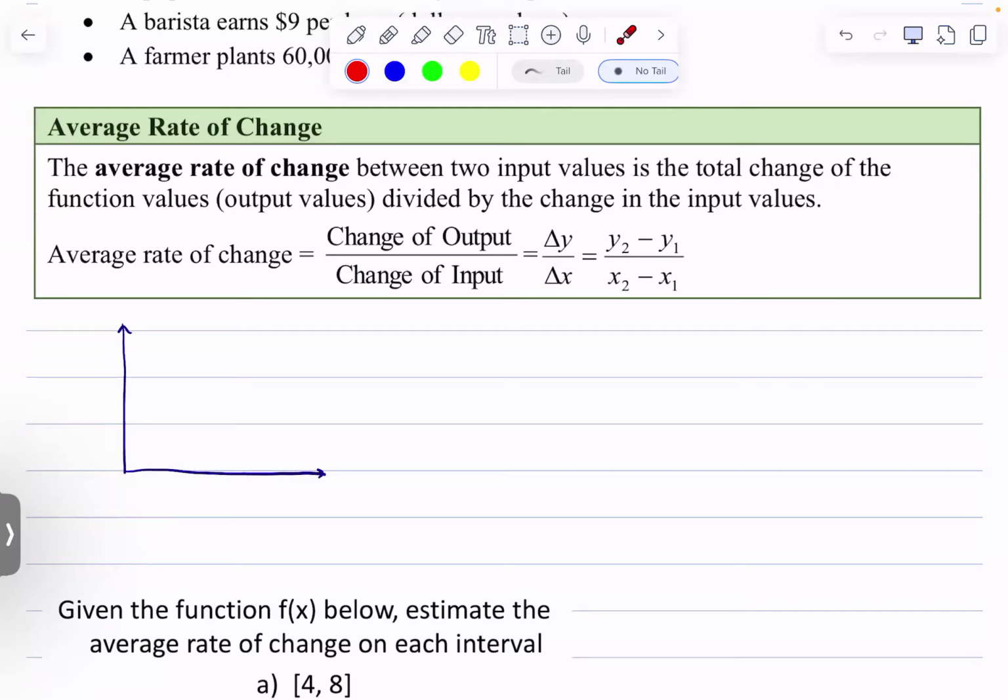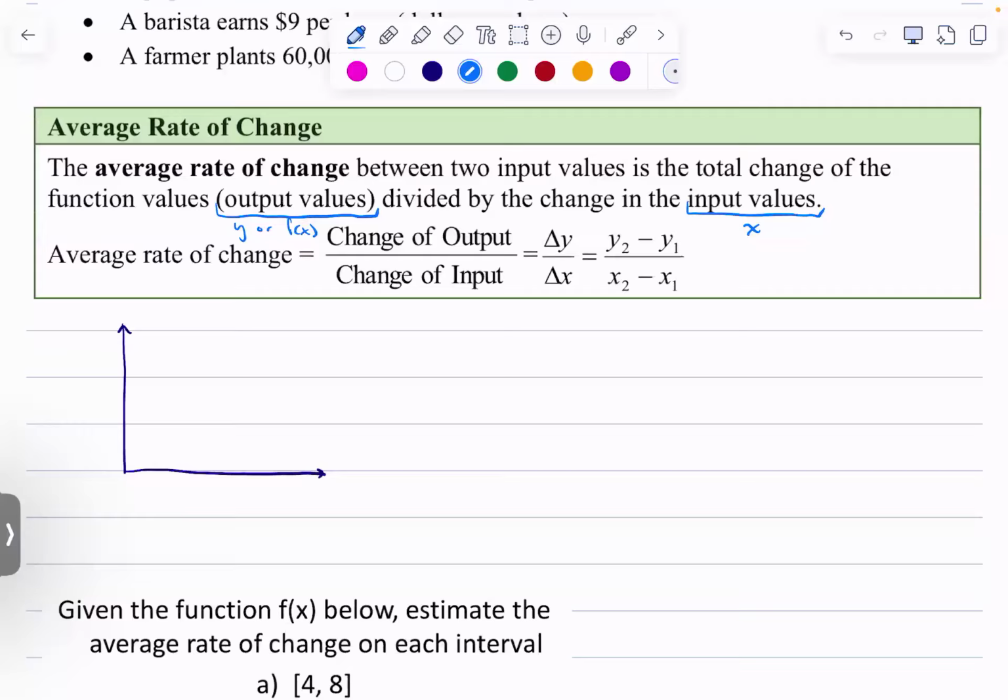The average rate of change between 2 input values is the total change of the function values, the output values, which is your y or f of x, divided by the change in the input values. What's this a fancy way of saying?